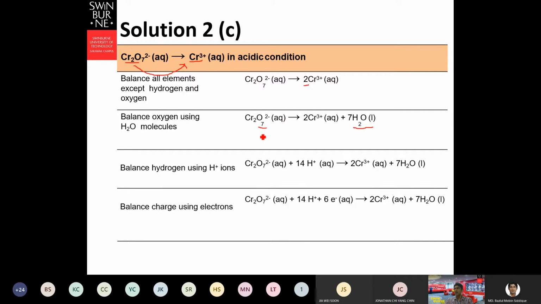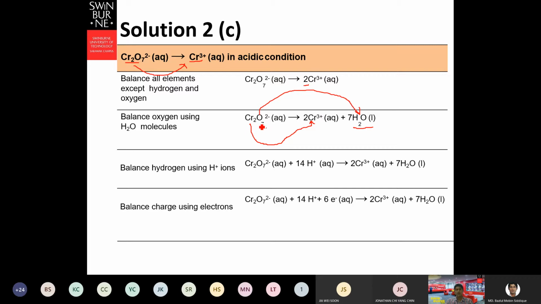So I added 7 H2O, so that my oxygen is also taken care of. My oxygen is balanced. I have 7 here on the right side. I also have 2 chromium. Okay. So as I started, I produced 7 water.